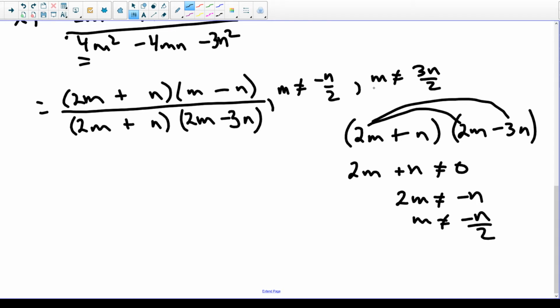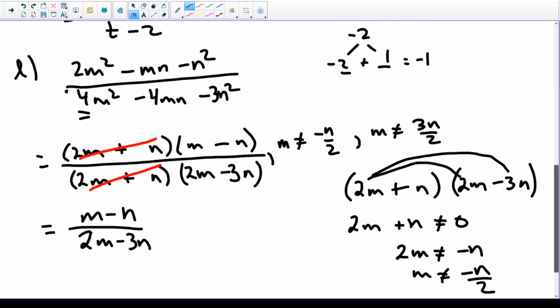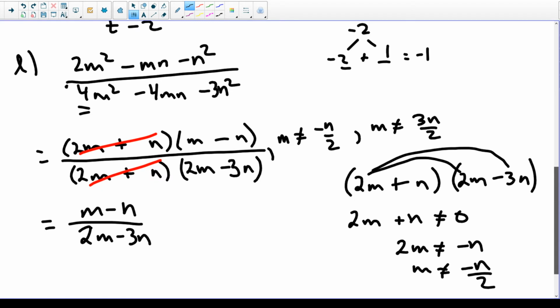I don't know how they did it in the back of the book, but that's the way I would be expecting you to do it. Unless there's something weird in the back of the book that I'm not aware of, I believe that should be somewhat what they wrote as the restrictions. And once we have our restrictions done, those two cancel. Hoping that everything I did was correct, that should be the final answer with the restrictions.